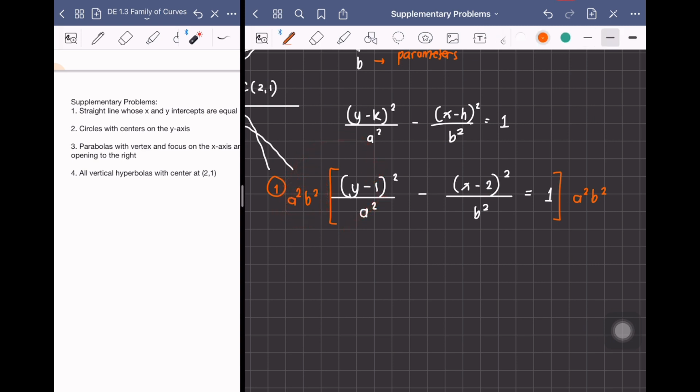So we will have b squared multiplied by y minus 1 quantity squared, minus, for this one, distribute, b squared cancels, so you have a squared times x minus 2 quantity squared, equal to, for the right side, 1 times a squared b squared. So that would be a squared b squared. Okay? In this case, it's easier to differentiate, because instead of u over v, it becomes just u times v when we differentiate.